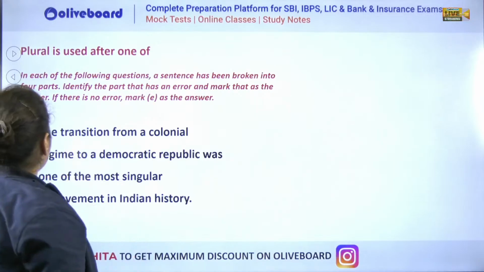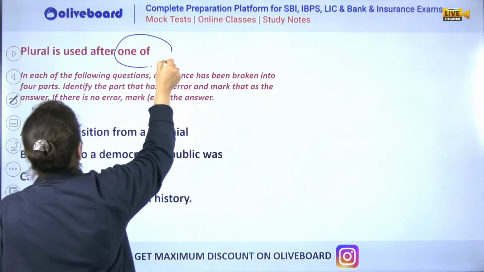rule, after one of, ये तो सबको पता होना चाहिए, we use plural.